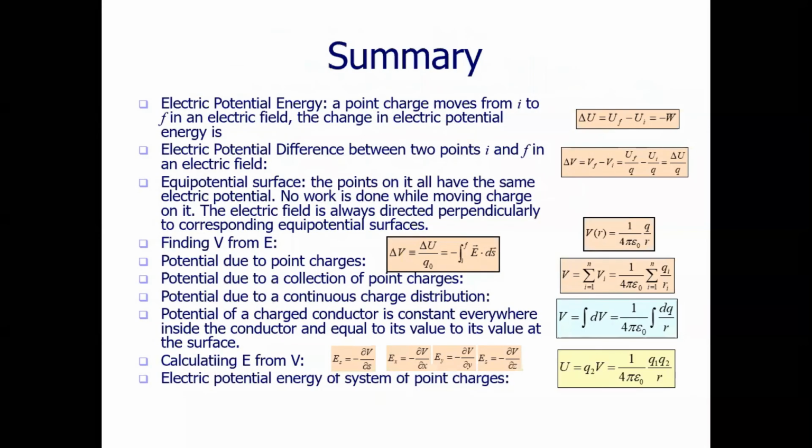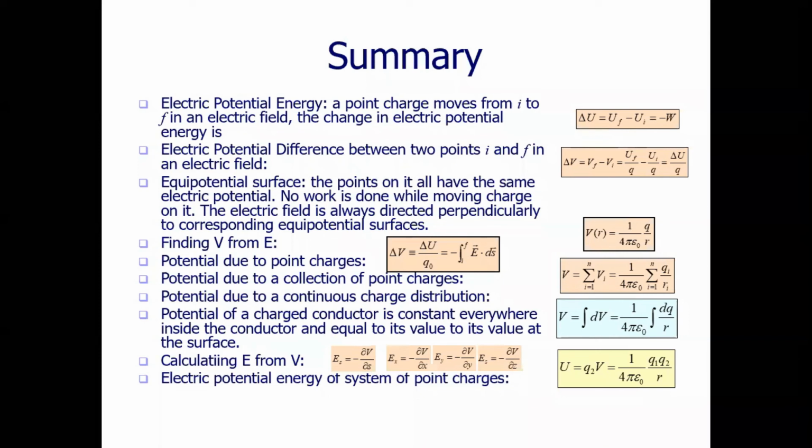All right, so then we have come to the end of this lecture slide. And this is the summary of everything that we have done. We have talked about the electric potential energy. We say that if you move a point charge from an initial point I to a final point F within an electric field, then you have actually done work, and that work is stored as potential energy.